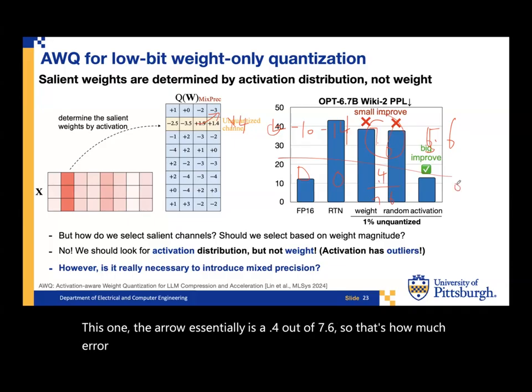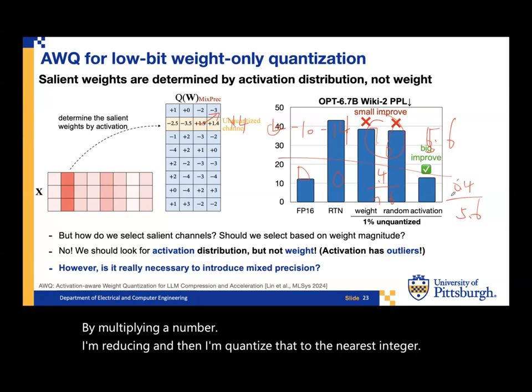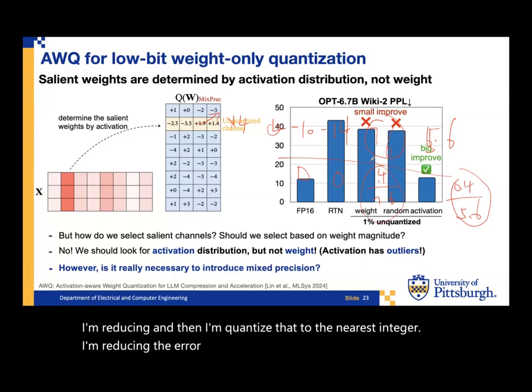And this one is 0.4 out of 5.6. So you can see that by multiplying a number and then quantizing that to the nearest integer, I'm reducing the error I'm introducing to the system. Does that make sense?